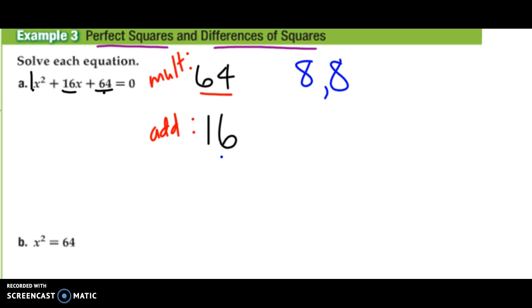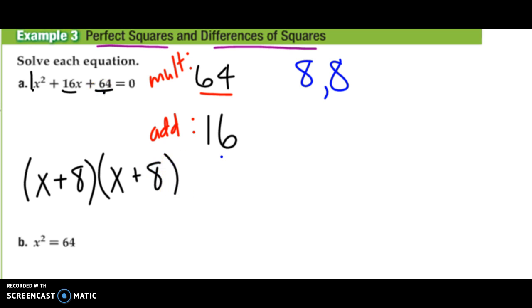So what that means is that I can write it like this. I would write x plus 8 times x plus 8. Okay? And so what this is saying is that this is going to be equal to 0. So that means that either x plus 8 equals 0 or x plus 8 equals 0. It's the same thing, right?